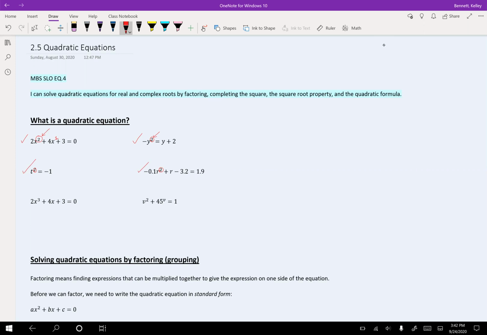However, for these last two, my highest power is 3. So this is not a quadratic, it's actually a cubic. And in the last example on the bottom right, even though I do have this power of 2, which is good, this term here is an exponential term.